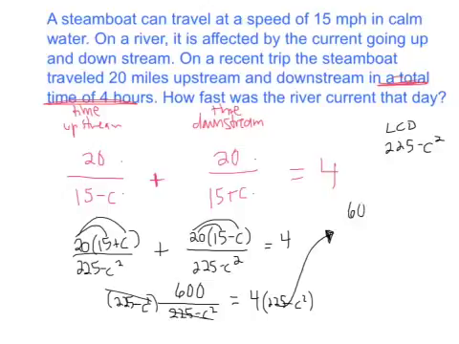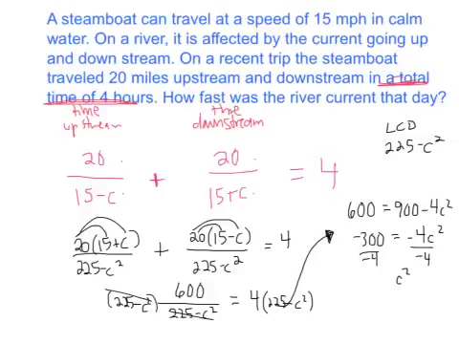So 600 will equal, if I distribute, 900 minus 4c squared. If I continue isolating by moving quantities from one side of the equation to the other, or removing, I should say, we will find that c squared is 75, which means c is the square root of 75.